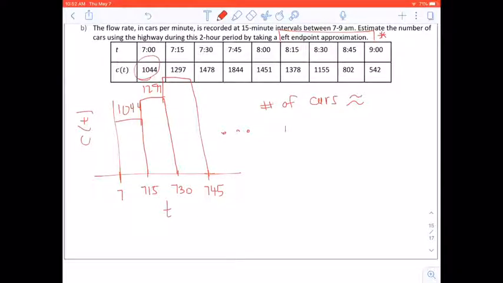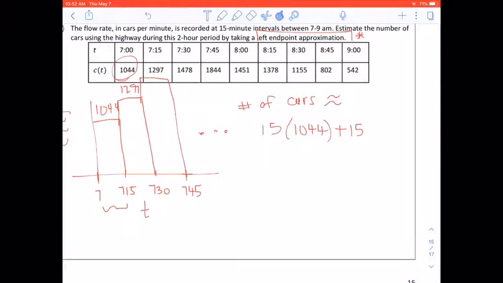So we have the first interval, which is 15 minutes times the number of cars that we see, which is going to be 1,044, plus the next 15-minute interval times 1,297 cars, plus 15 times the next interval, which is 1,478, plus, and continuing on this process.